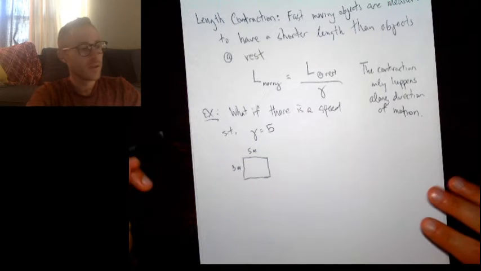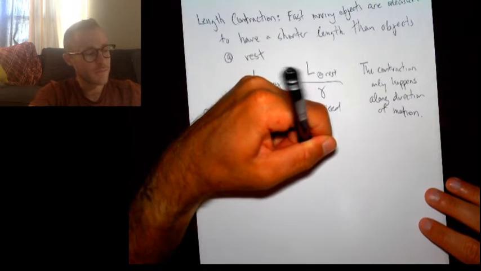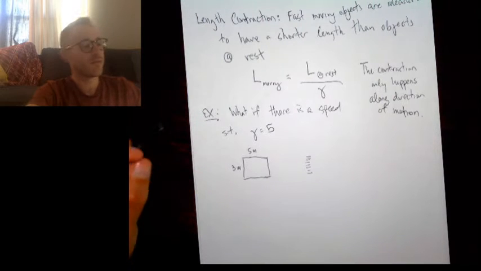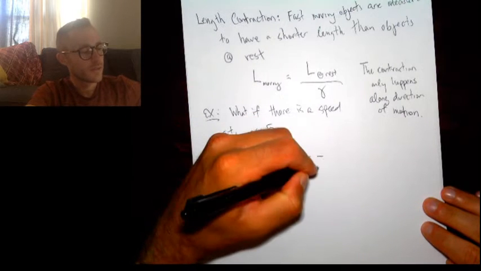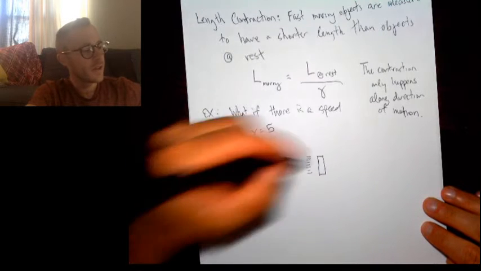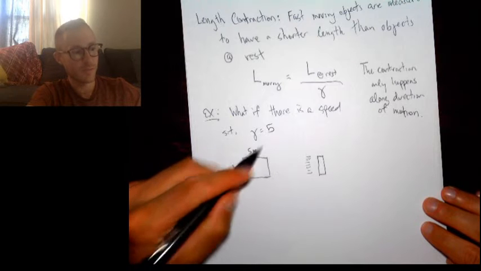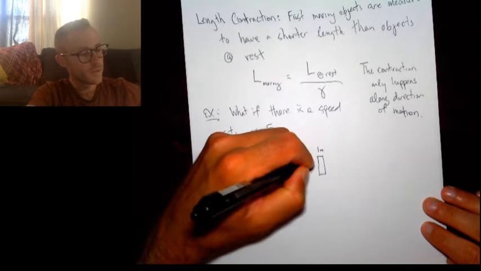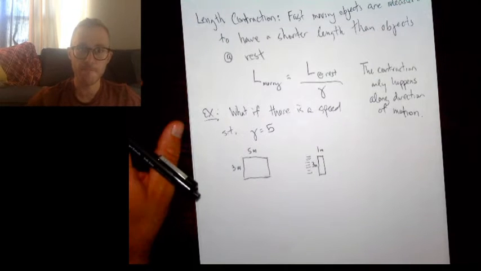Now, what if that rectangular plate started traveling to the right in such a way that gamma equaled 5? Then what we're going to see is that the plate now looks like this. We're going to divide the length when it's at rest, which is 5 meters, by 5. So it's only going to appear 1 meter wide, and this direction would be unaffected. That would still be 3 meters.